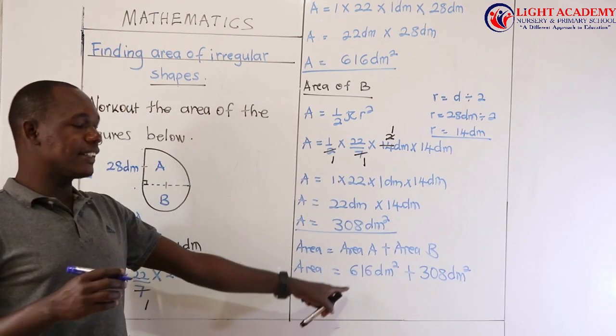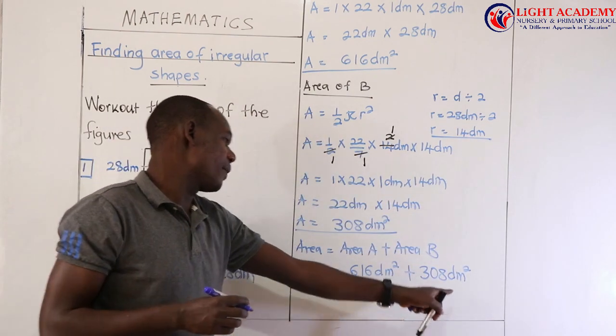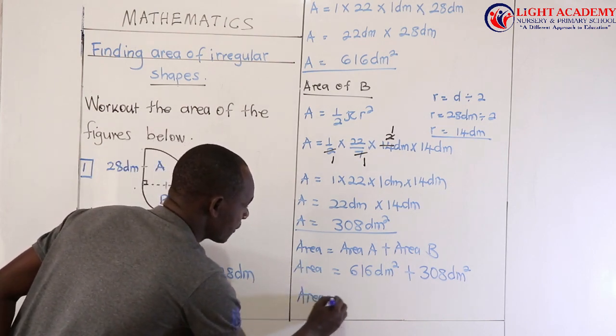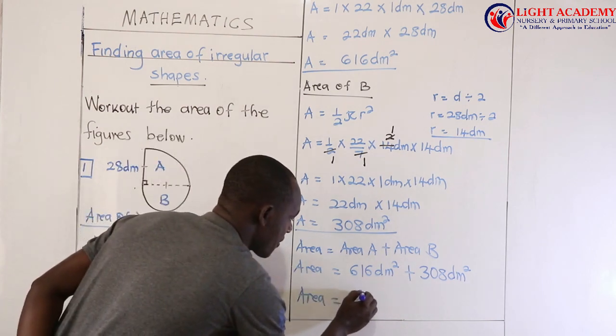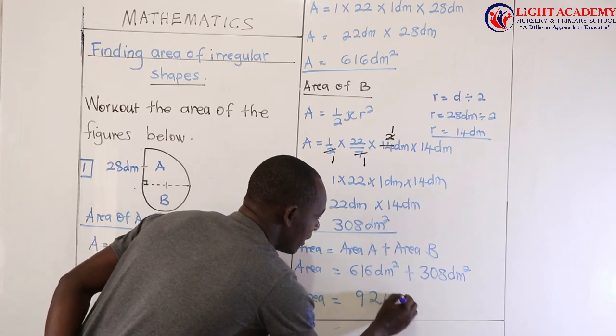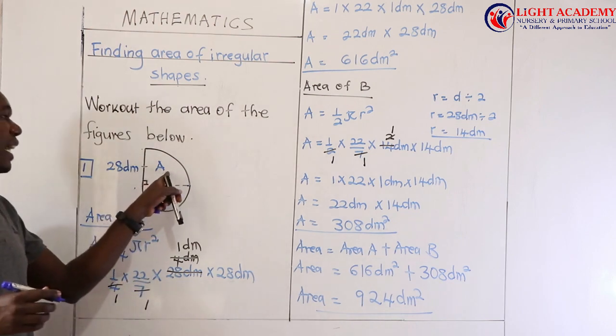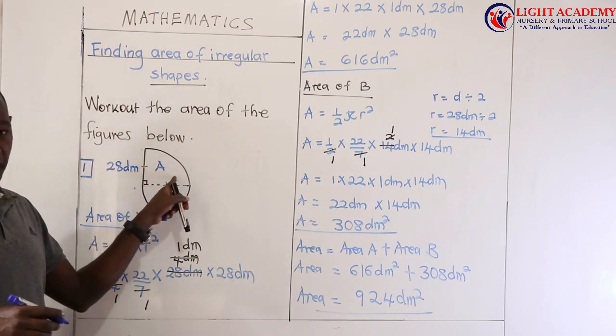So now when you add this, you can even add it vertically. If you add it vertically, you get the area of the irregular shape to be equal to 924 decimeters squared. And that will be the area of this irregular shape.